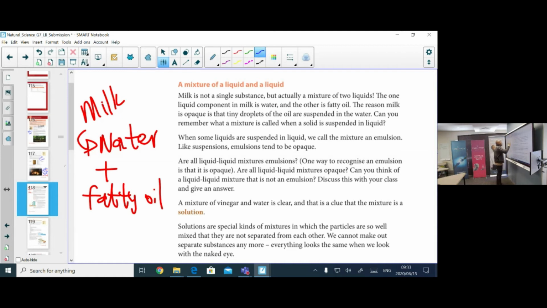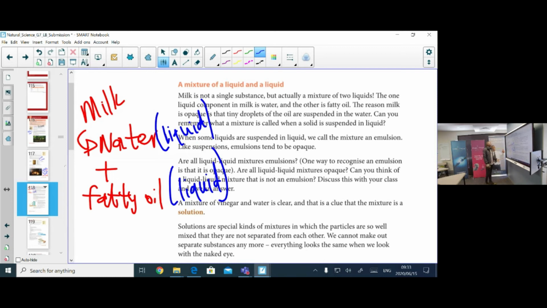Where these two are both liquid and liquid, coming together to give us a mixture of two liquids, which is milk, another type of mixture.